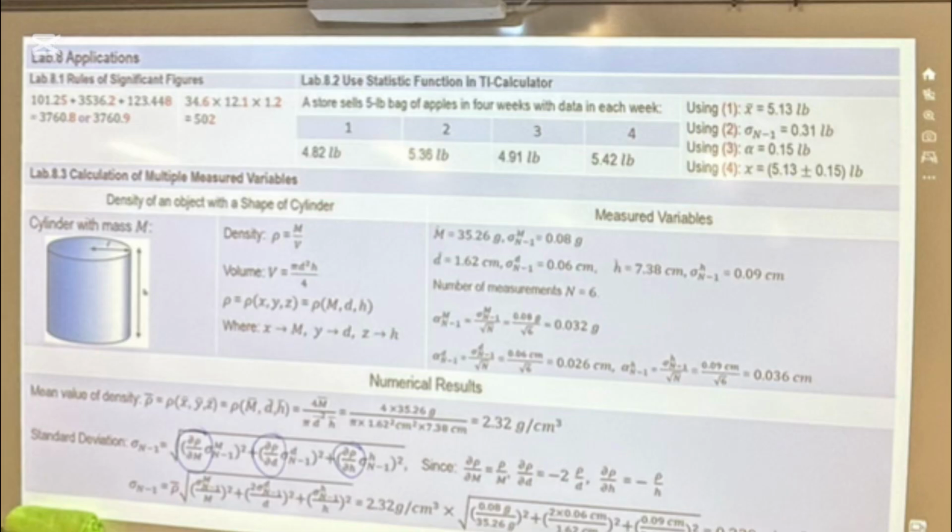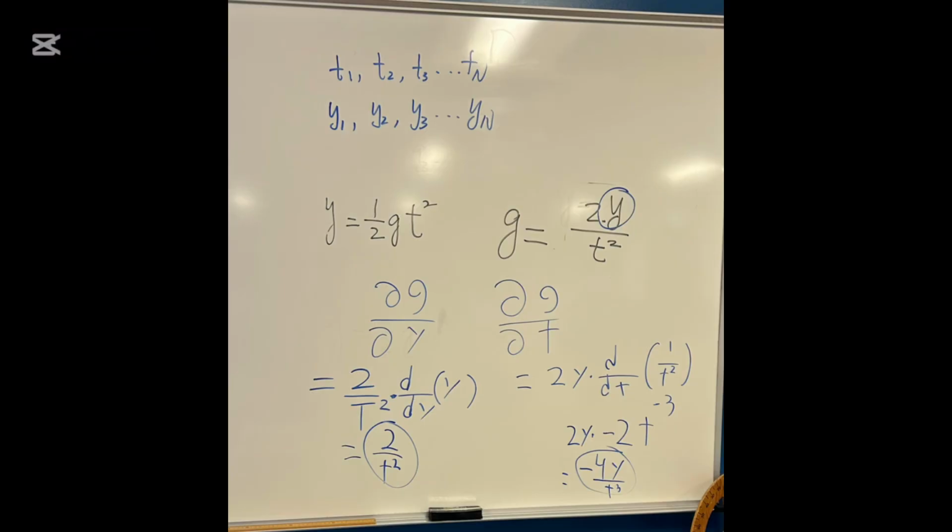Now you need to use calculus. For t, you have average t, standard deviation t, standard error.